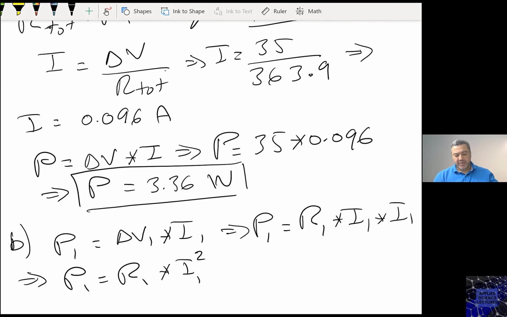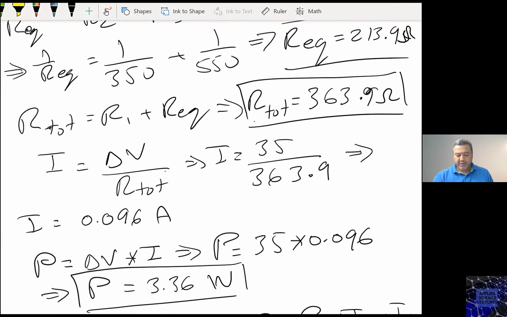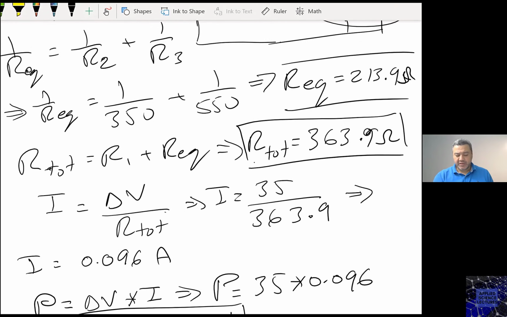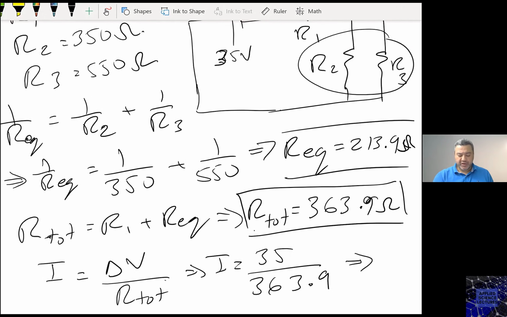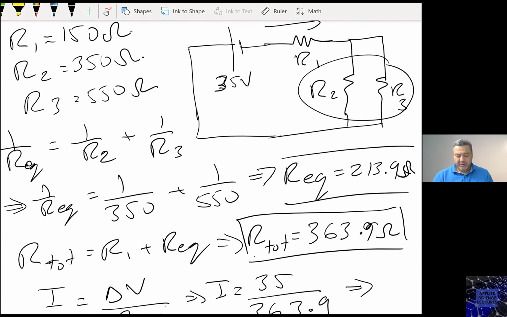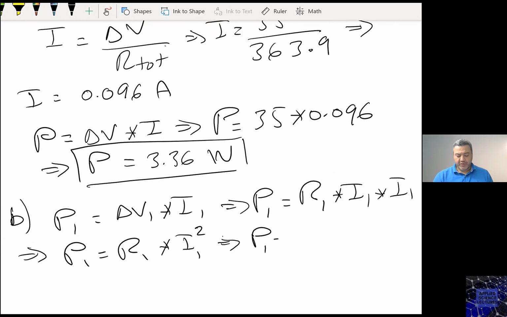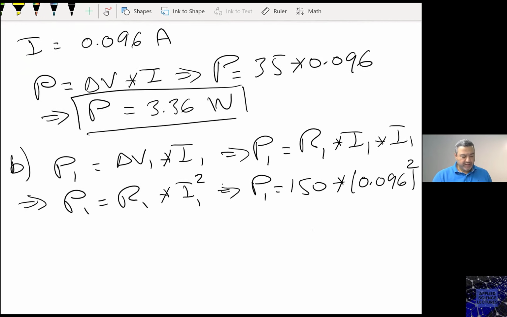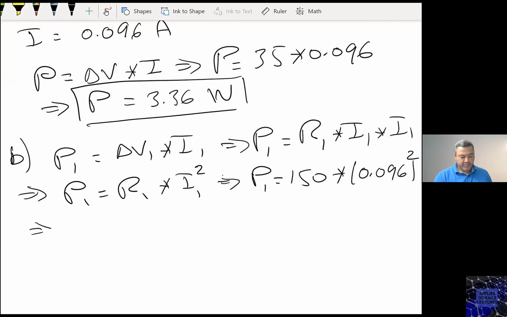And I1 is the same as the total I, 0.096. So P1 equals R1, which is 150, times 0.096 squared. And in this case, P1 would be 1.4 watts. So this is P1.